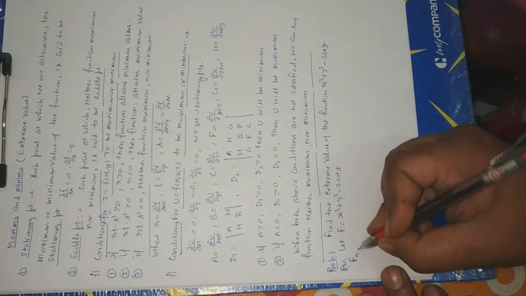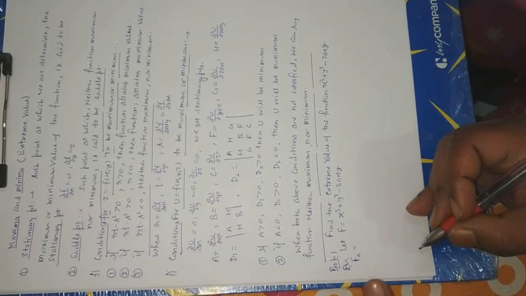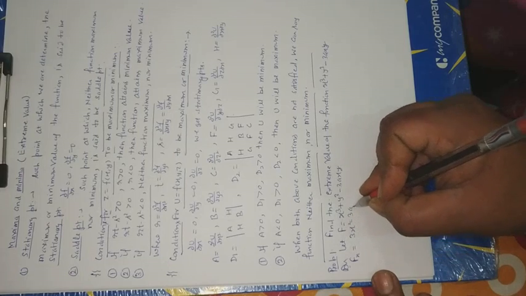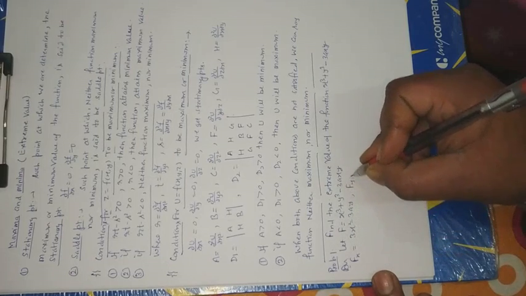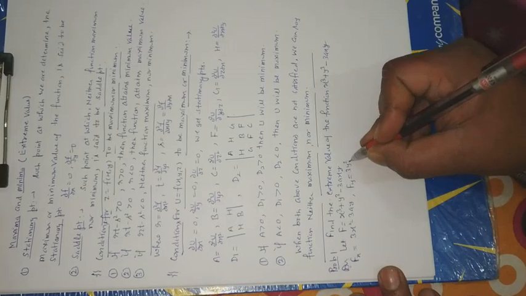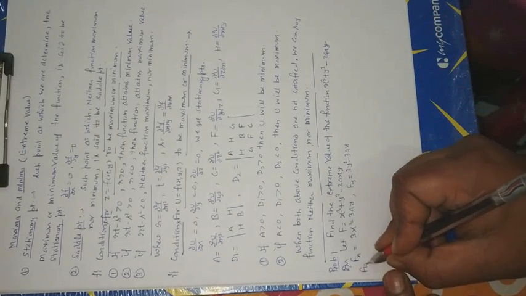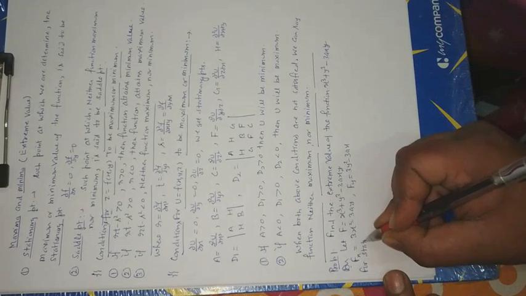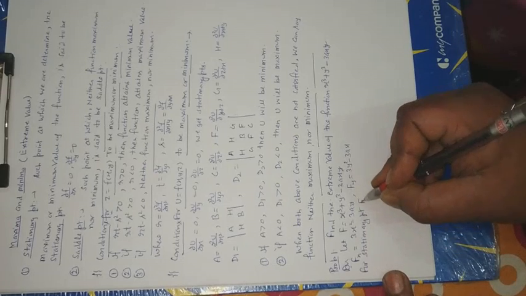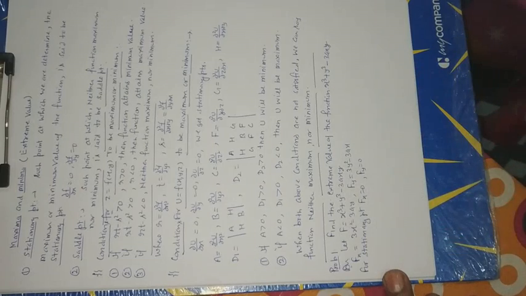Now the partial derivative with respect to x, denoted by fx, equals 3x square minus 3ay. Now del f upon del y is equal to 3y square minus 3ax. For the stationary point, del f upon del x is equal to 0, del f upon del y is equal to 0.